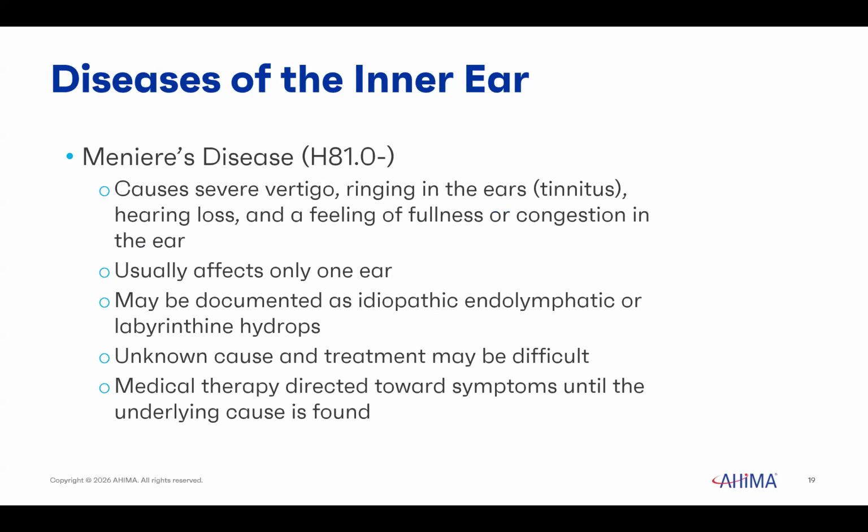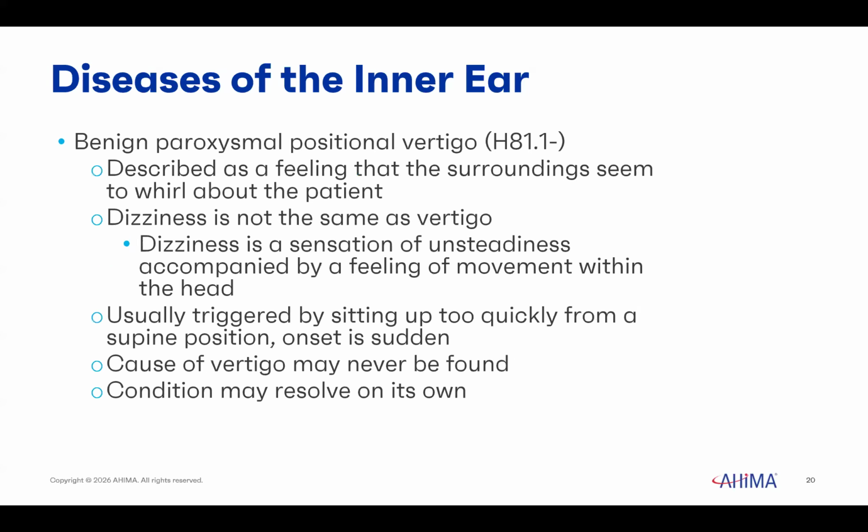Meniere's disease causes vertigo, ringing in the ears, dizziness, hearing loss, what have you, usually only affecting one ear. These codes fall into code category H81.0 dash. And again, the dash is because we have two ears. It's either left, right, bilateral, or unspecified.